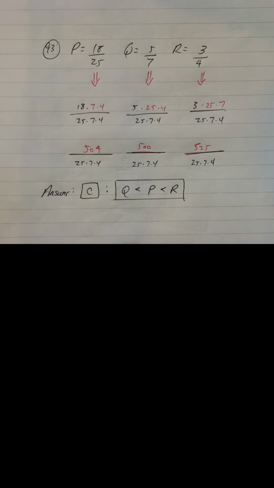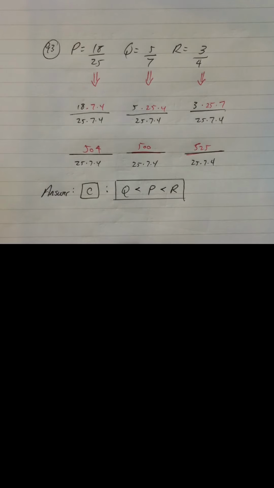Question 93. Since P and Q and R are all fractions and they all have co-prime denominators, we take the 25 and multiply it by 7 and 4 for the least common multiple. That becomes the new denominator. So the equivalent fractions have the other factors added to them in both the numerator and denominator.